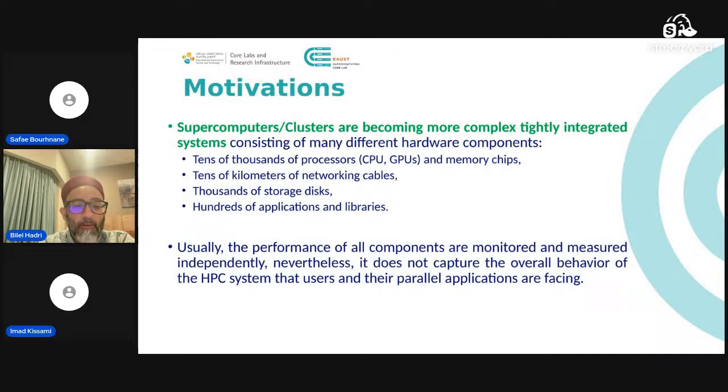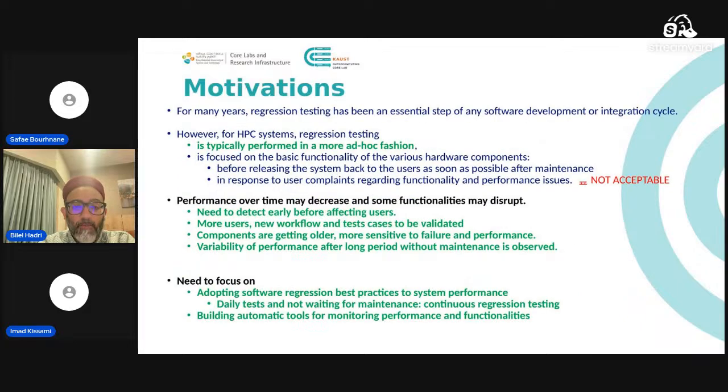The performance of all components may be monitored, but you need to measure independently, and sometimes you may not be able to identify what is wrong. If an application is not performing as expected, where is the issue? It takes time. The more data you collect and the more experience you have, the better you can detect the issue and find the solution.